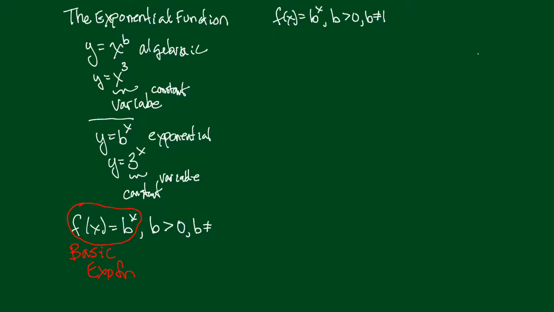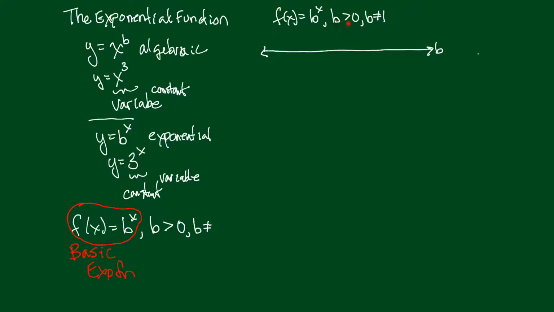Let's look at some properties of this function here. I'm going to start out by drawing a number line of the base numbers. I'll label it b because that's where I'm going to put my b values. The b, of course, is the base.